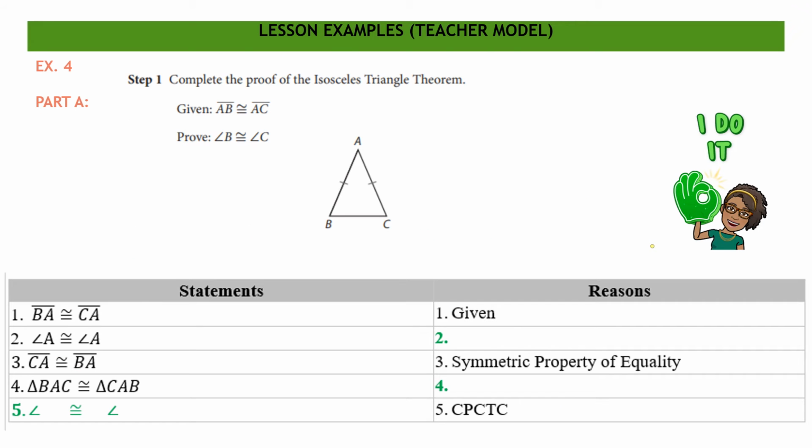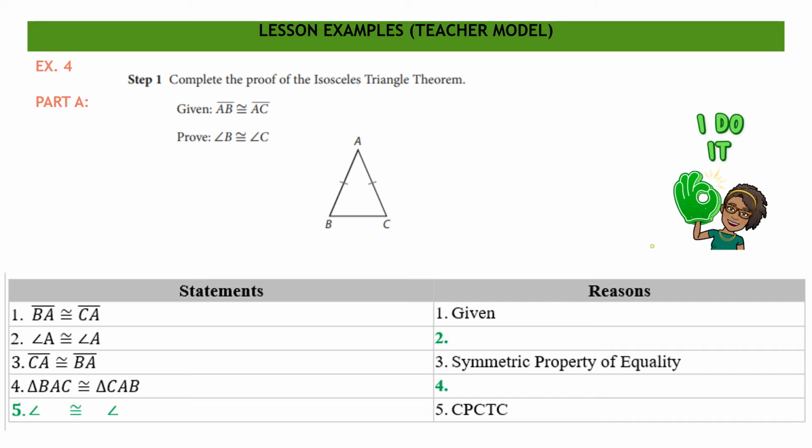Okay, example number 4, we have another proof, and this proof is asking us to prove the isosceles triangle theorem. So they give us some information here about this triangle ABC, that side AB is congruent to side AC, and they want us to prove angles B and C, and if we know about isosceles triangles, angles B and C would be our base angles.